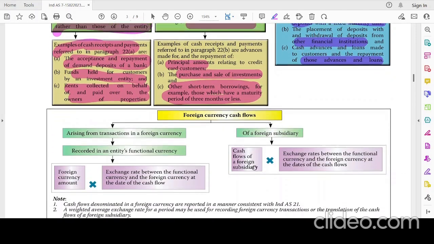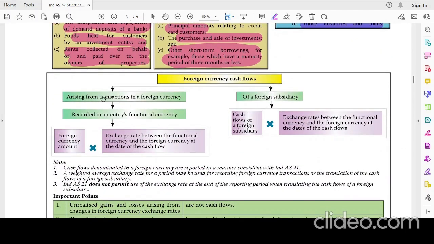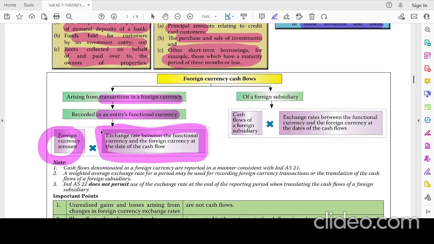Now, foreign currency cash flows arising from transactions in foreign currency are recorded in the entity's functional currency. Functional currency means the currency which fulfills a certain criteria; that will be discussed somewhere. The foreign currency amount is converted at the exchange rate between the functional currency and the foreign currency at the date of the cash flow. That is for a foreign currency transaction. For a foreign subsidiary, the cash flows of the subsidiary are translated at the exchange rate at the date of cash flow.